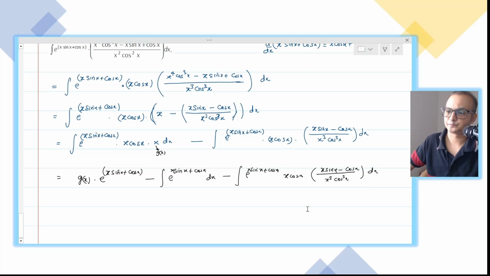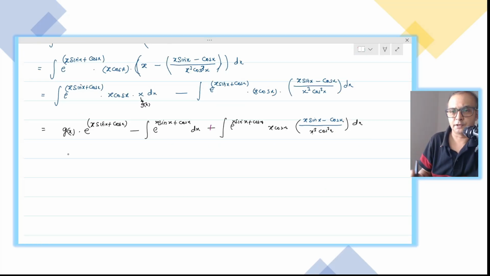Same thing. So after that, I'm assuming this as I1 or I2, then no need actually. Let's see what I want to say. So I have I is equal to, the g(x) was x actually, so x times e to the power x (sin x plus cos x). And now since I notice that both integrations have this e to the power x (sin x plus cos x), let's combine it and see what will happen, because this will be troublesome if we keep it alone, perhaps.